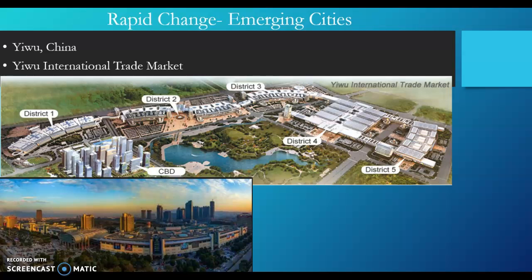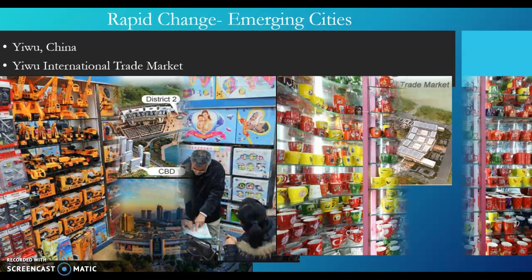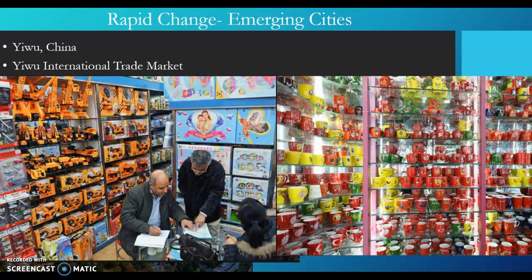The Yiwu market, which you see on your screen right now, is the largest commodity wholesale market in the world. This area was built around low-cost items. You'll see some of the stalls that are found in this mall. You'll see the image on the left, kids' toys, relatively inexpensive. You'll see on the right, ceramic mugs, something that you might find in dollar stores today.